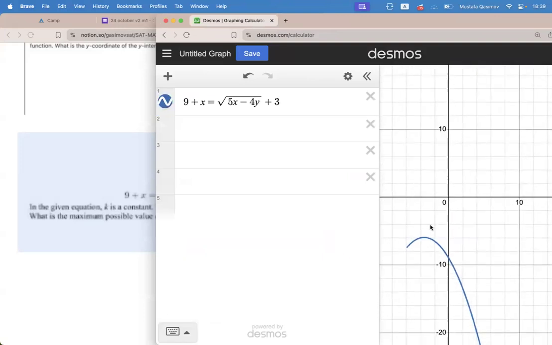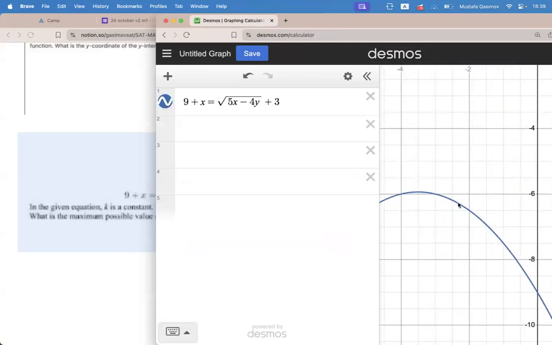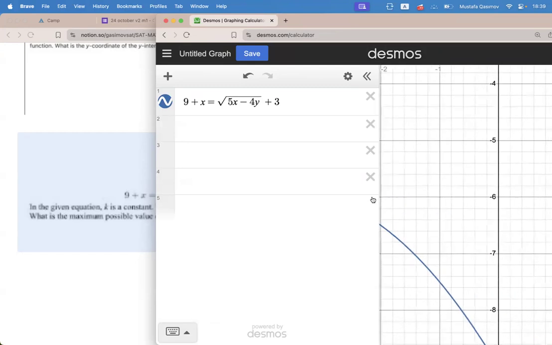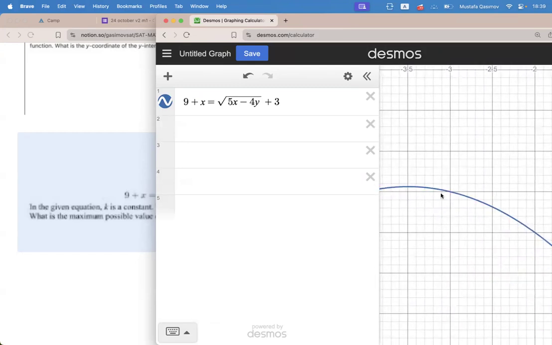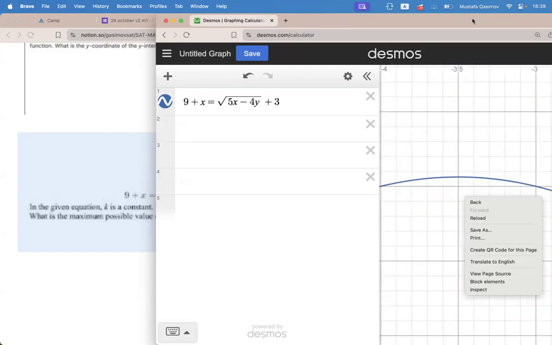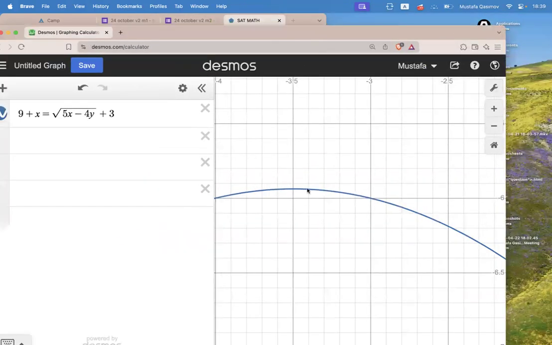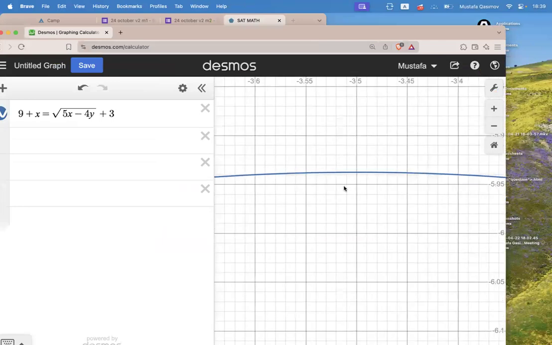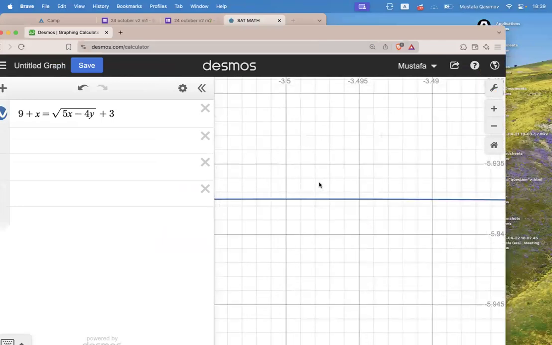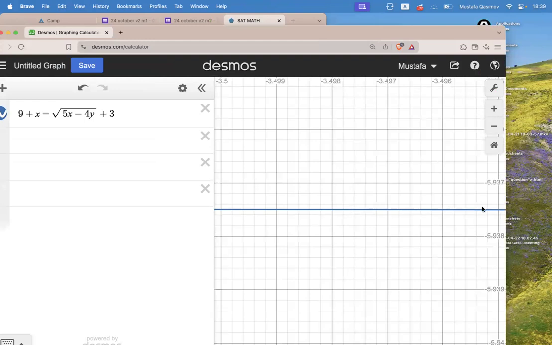Alright, instead of k, let's look what we will get here. So something like that. You must look, it is a vertex point here. So it is approximately 5 point.